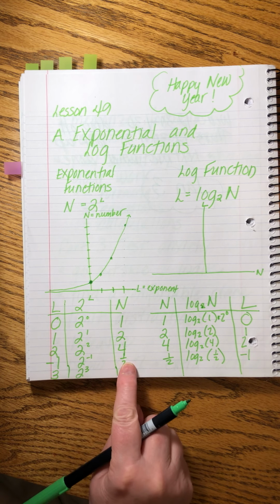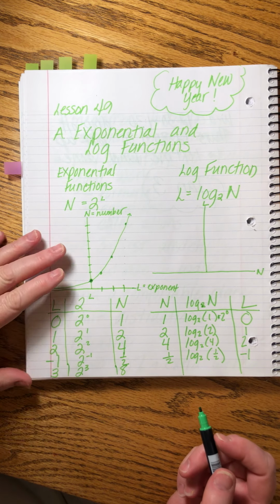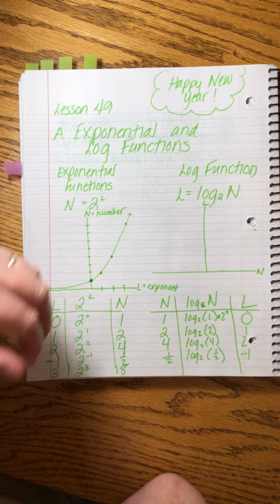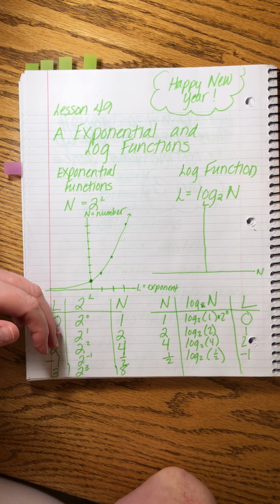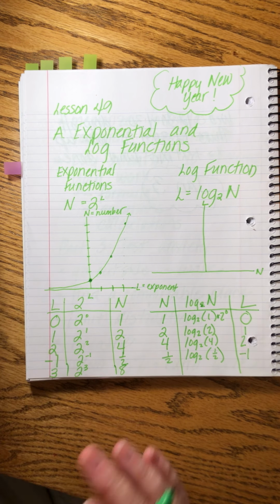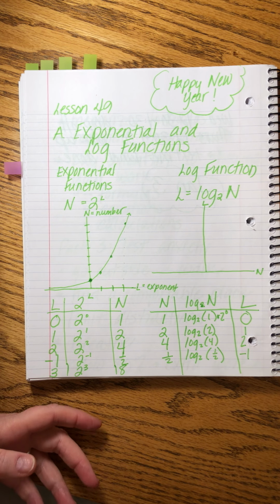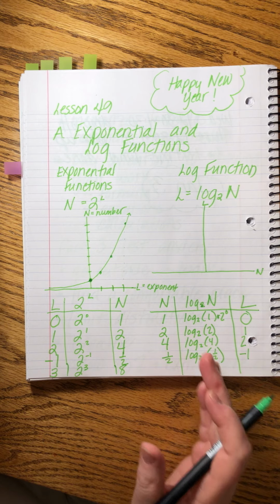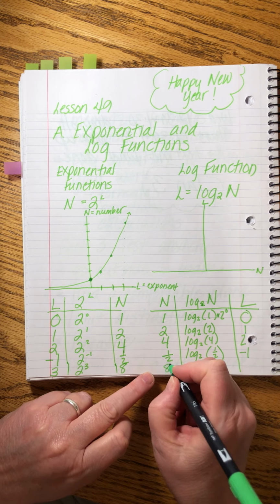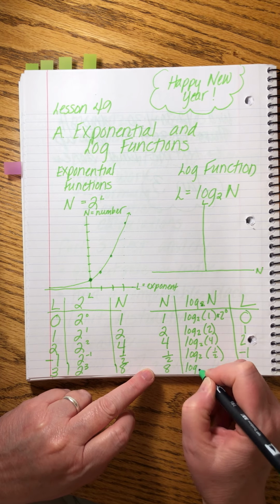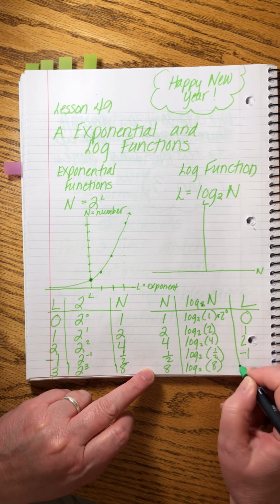Oh my gosh, it's working, even though it feels backwards and somewhat crazy, but we're always going to have this pattern between the exponential functions and the log functions. The input of one is the output of the other. The output of one is the input of the other. And our last one, what if we want the number to be 8? What's the exponent we put on 2 to get the number of 8? Well, that would be 3.